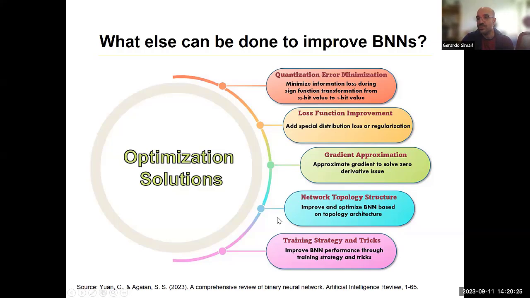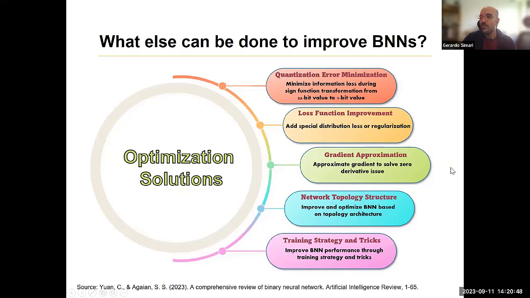Of course, there are always the last two, which are fiddling with the network topology and structure, to see if any specific network topologies work better with BNNs, and what's called strategies and tricks that you can always come up with.